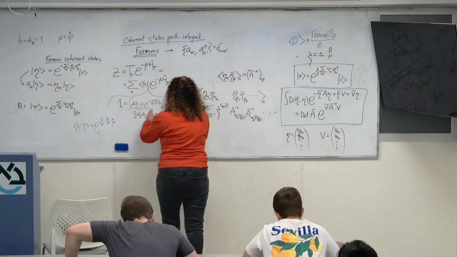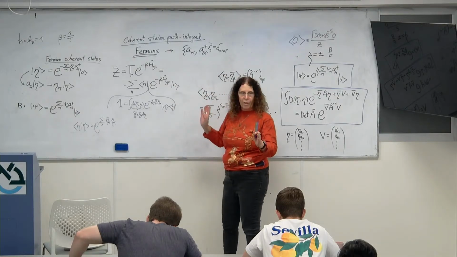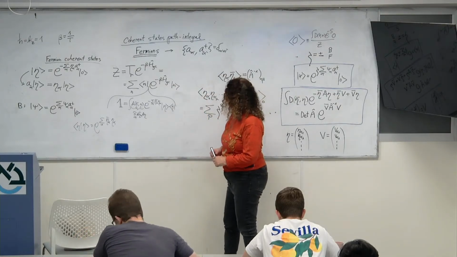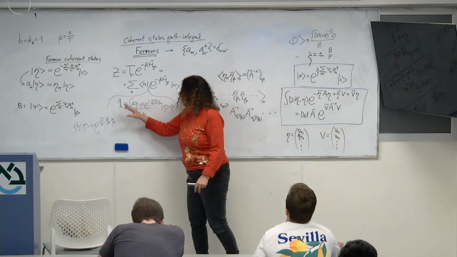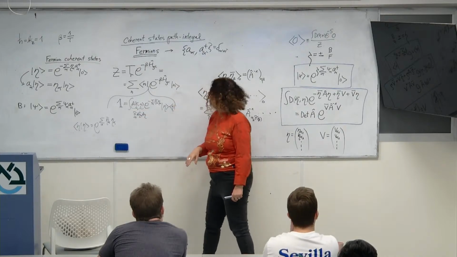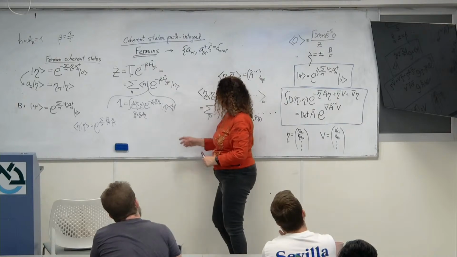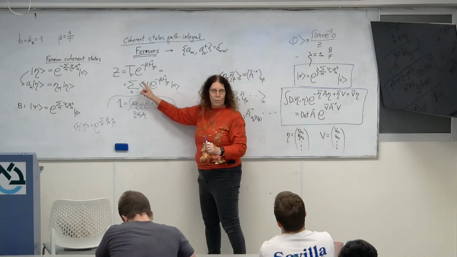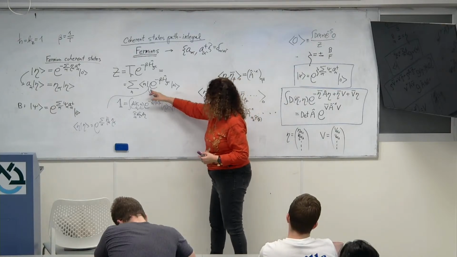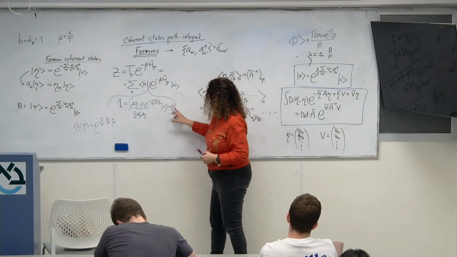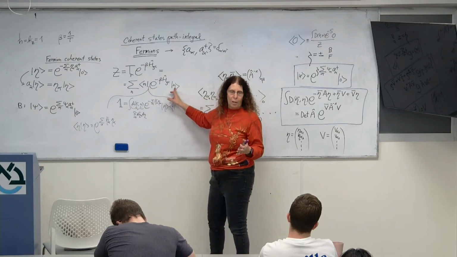When I plug it in here, what will I get? Let's do it very quickly just to see where we're heading. I will take all this integration outside, but I want to get rid of the quantum states. Here I'm of course going to have this operator sandwiched between eta and n, where n is a Fock state.